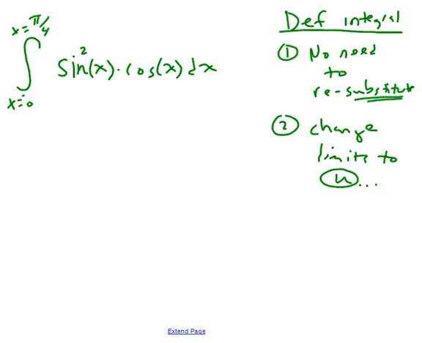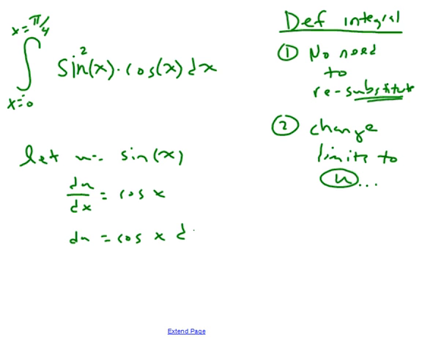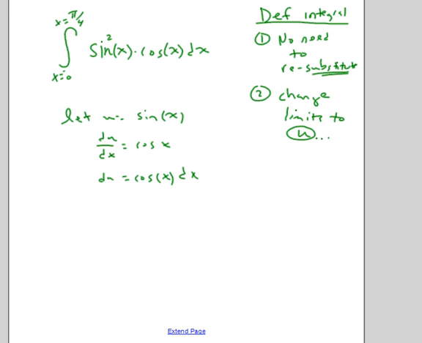All right, well, what's our inner function? Well, it's a little bit harder to see, but if we think about sine squared of x as sine of x squared, we say, let u equal sine of x, and therefore du dx is cos of x, and du equals cos x dx. Well, making the substitution, we get the integral of u squared du. Significantly easier.